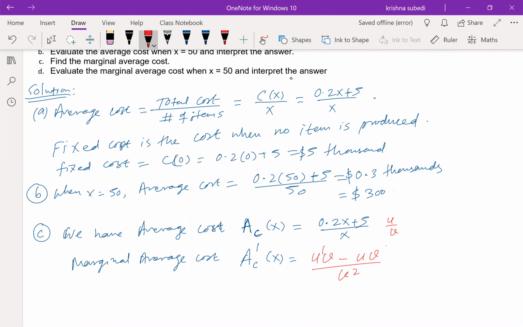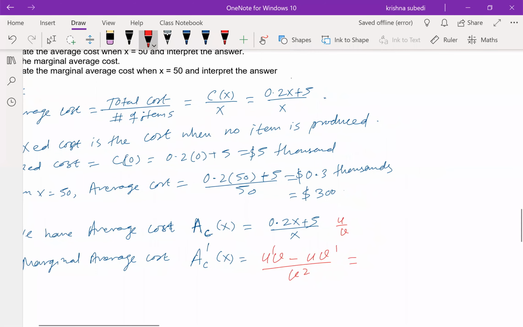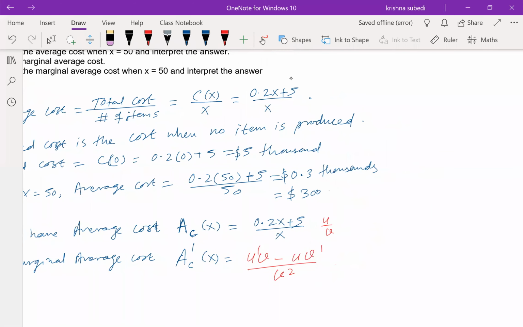So u prime is 0.2, copy v, which is x, minus copy u, 0.2x plus 5, and then the derivative of v, which is 1, over v squared, which is x squared.